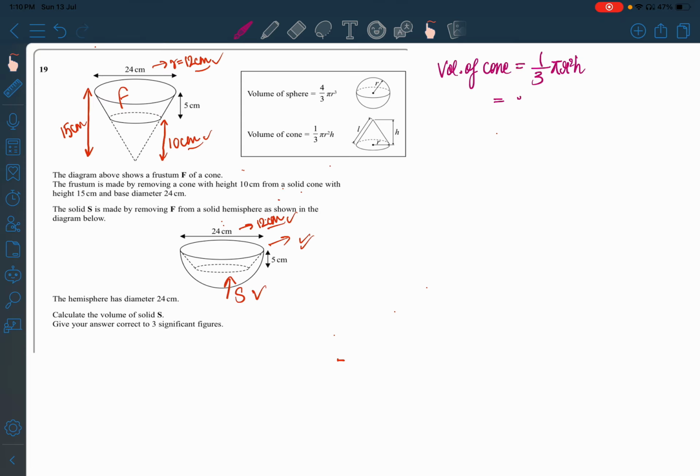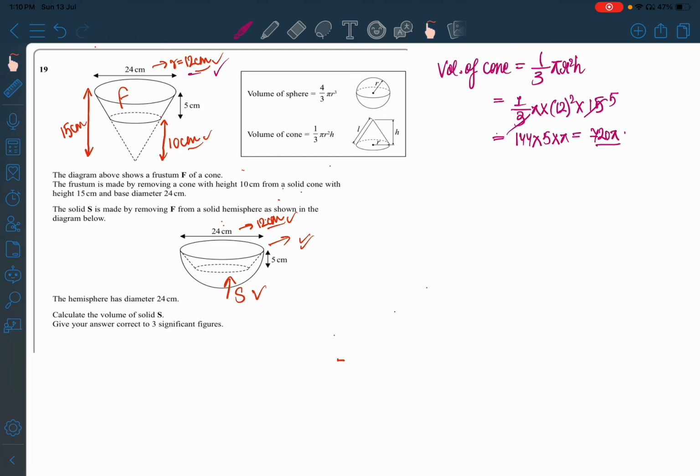So we will put the values of the given dimensions: 1 upon 3 pi, r is the radius we have found out, that is 12 centimeters, so 12 square, and the total height of the solid cone is 15. 12 square is 144. 3 is cancelled, 5 times with 15, so 144 into 5 into pi, that is 720 pi.